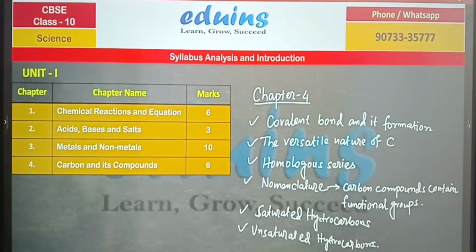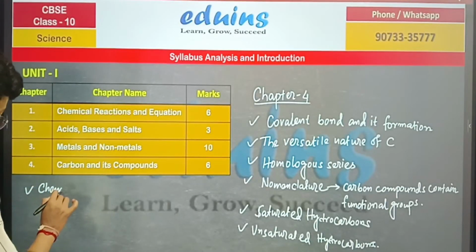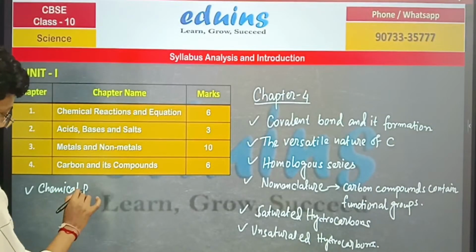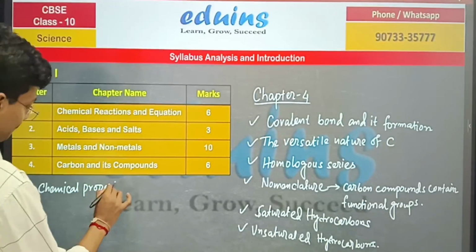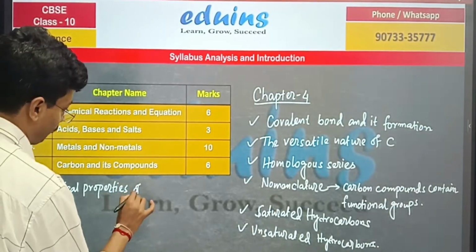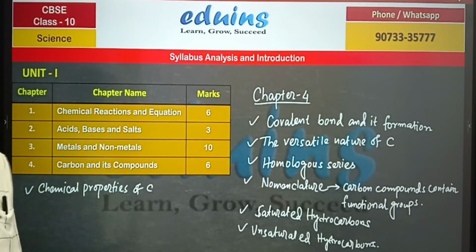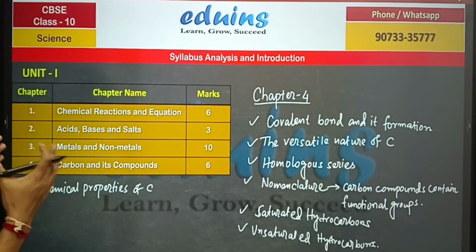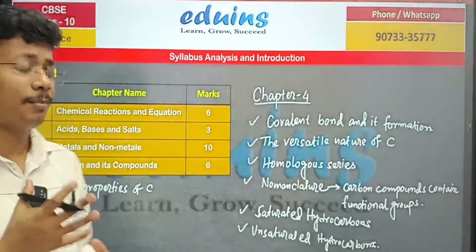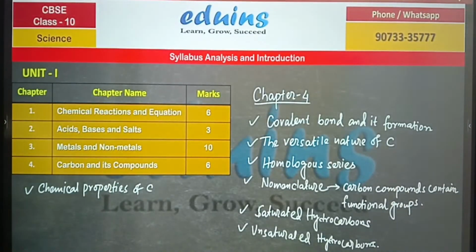Next, we will study the chemical properties of carbon, that is combustion, oxidation, addition or substitution. So we have to study in this topic the chemical properties of carbon.